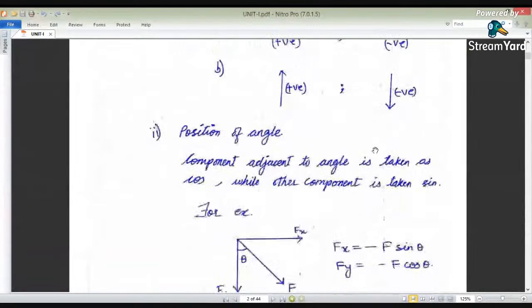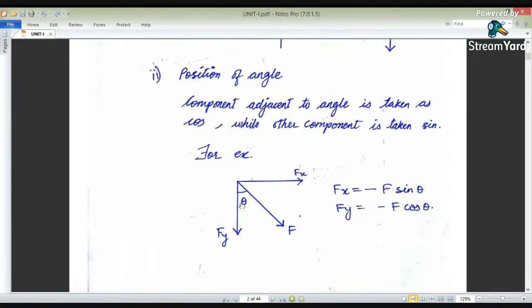Again, position of angle. How to find out the different positions of angle? The component adjacent to the angle is taken as cos theta, while the other component is taken as sin theta. So already, for this inclined force which is making an angle of theta with the vertical, Fy will be cos theta.